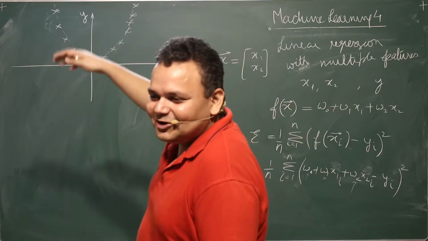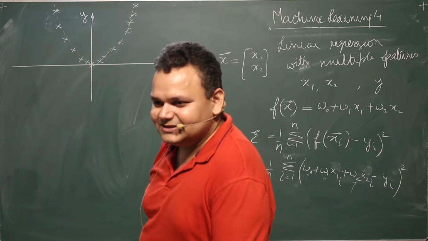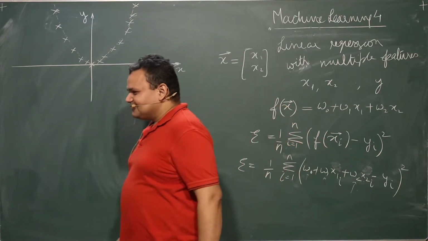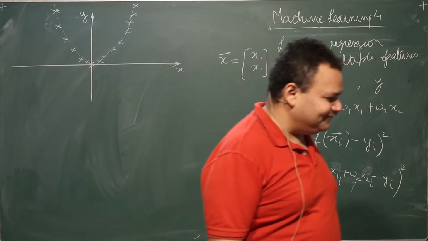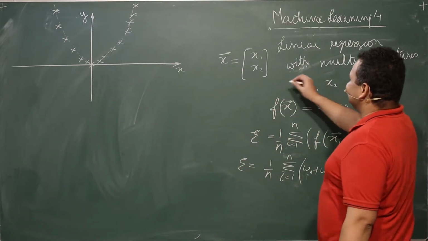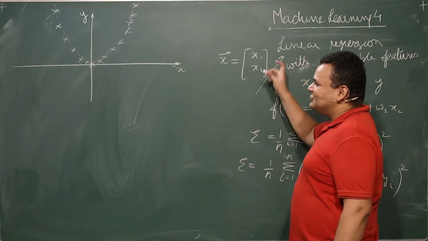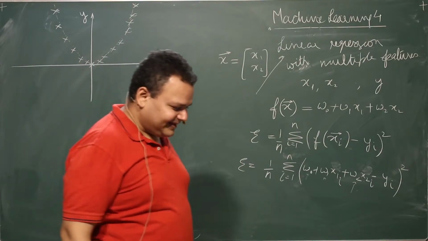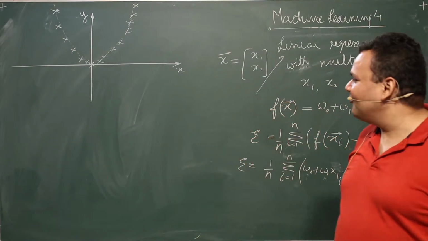How many degrees of polynomial do we require to represent this? 2 degree. But the beauty of this technique is that we can use linear regression to even represent this. Let us see how we can do that.